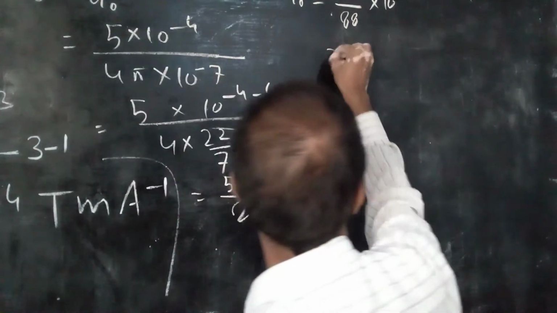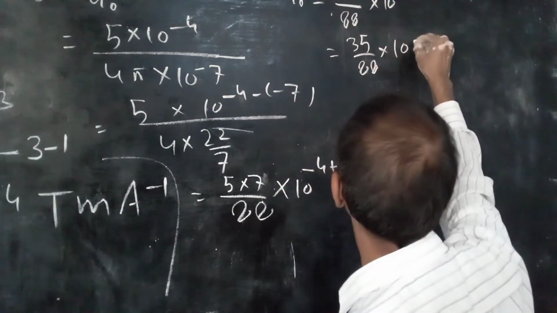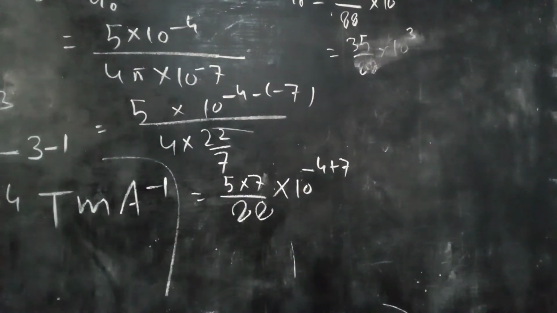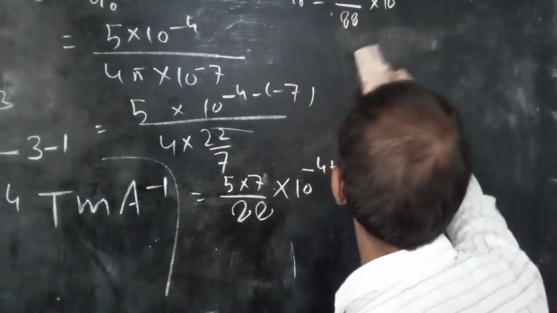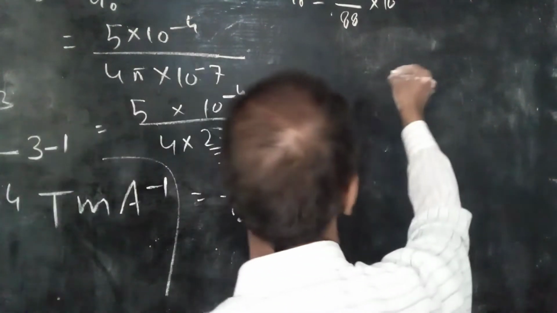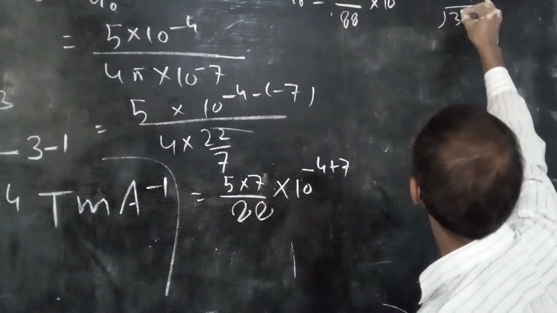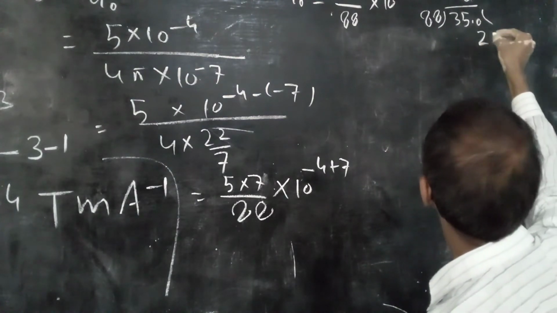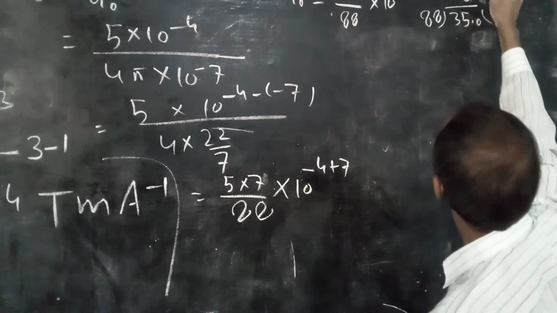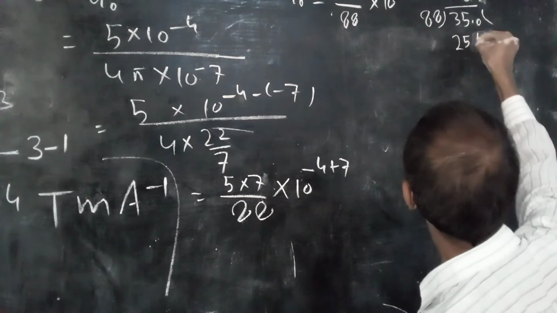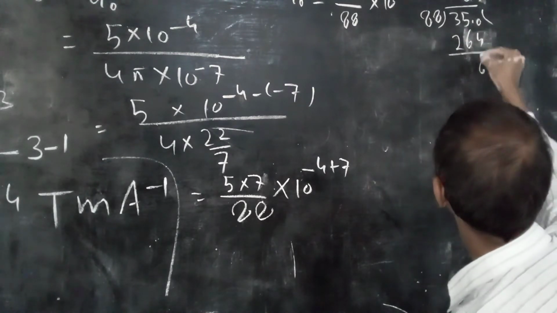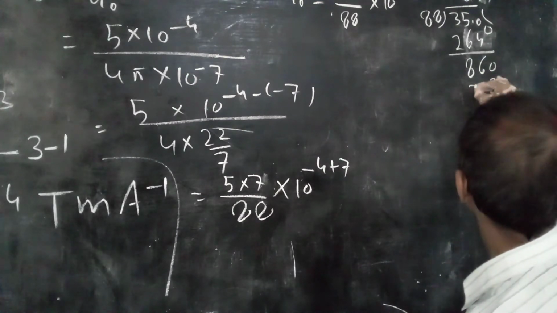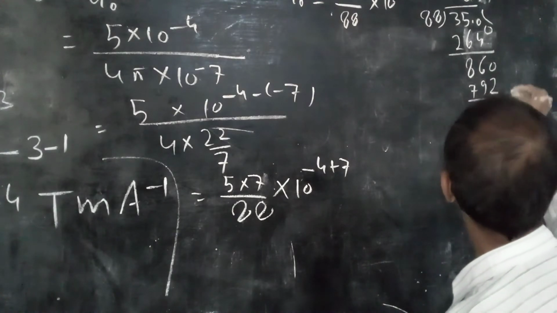So you get 35 upon 88 into 1000. Now divide 35 by 88.